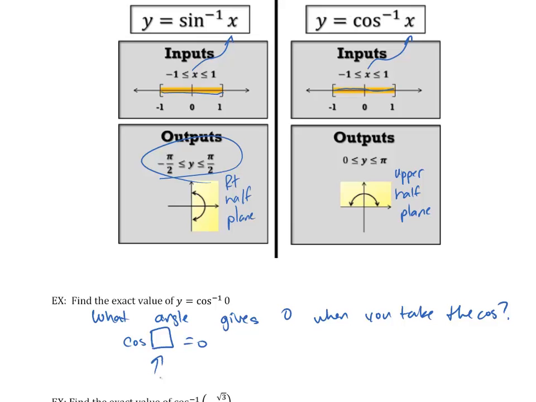And the what has to be between 0 and pi. And remember, again, I think of the unit circle in my head. Where is the x-coordinate 0 in the upper half plane? It's up here, right? Which means the answer is π/2.